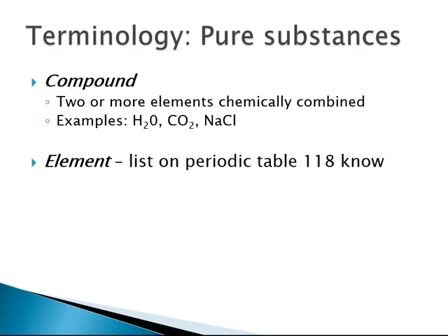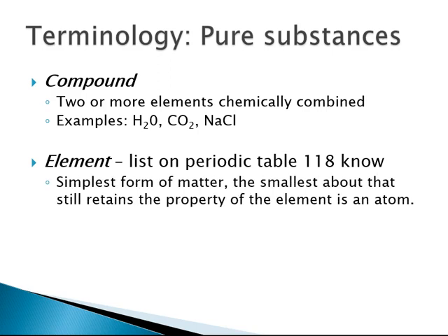There are currently 118 known elements on the periodic table of the elements, and some of those are synthetically made, meaning man-made in the laboratory, and others are naturally occurring. An element is the simplest form of matter, and the smallest amount that still retains the properties of the element is an atom.